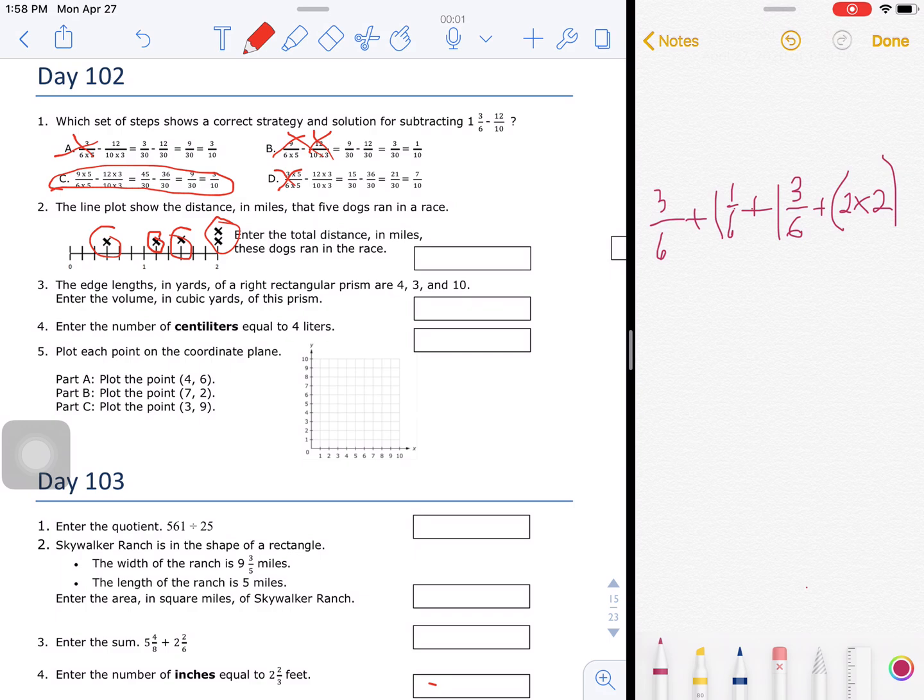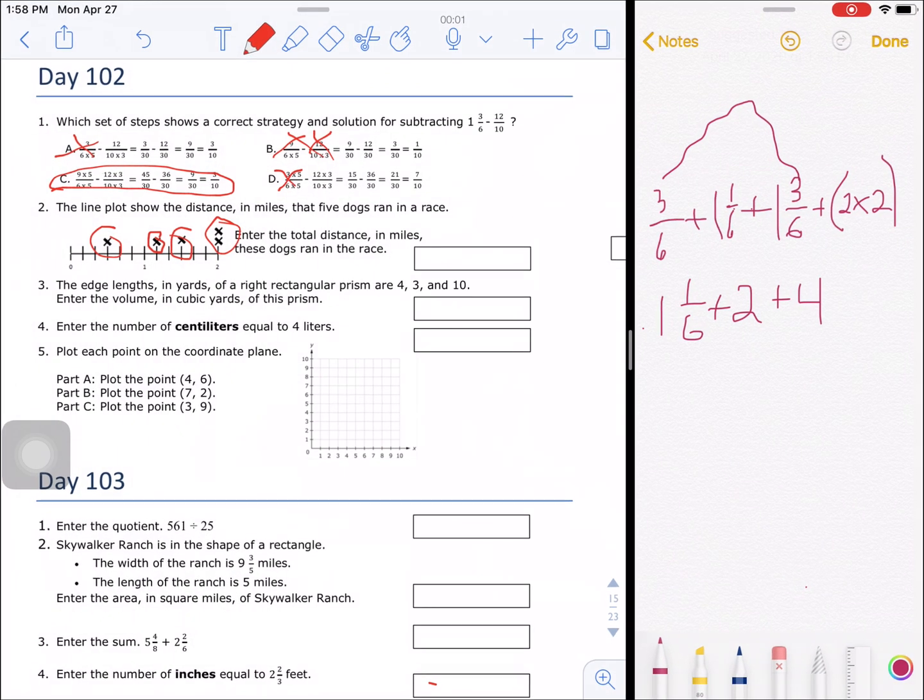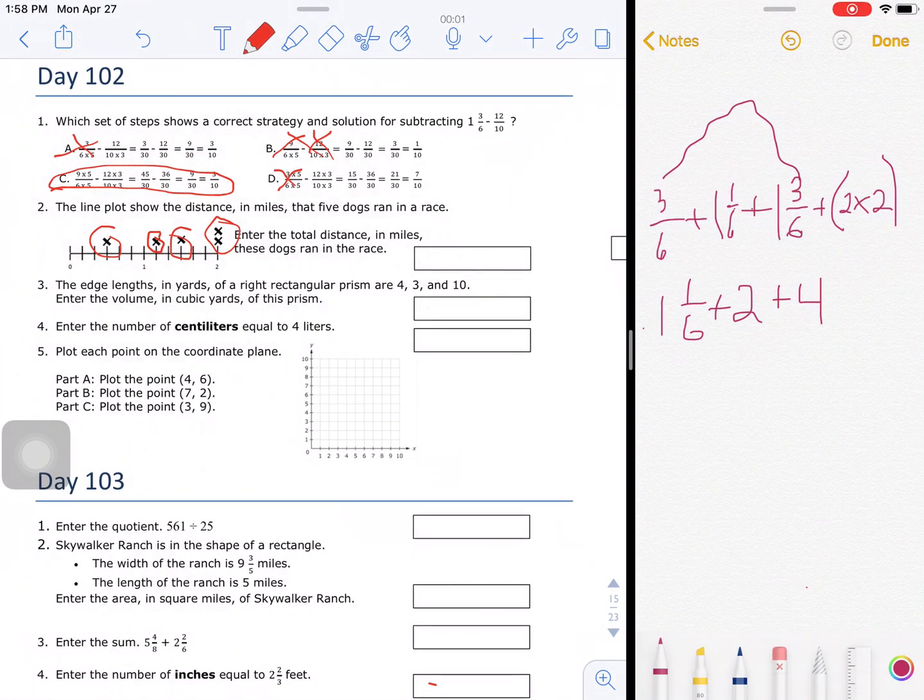Okay, so now we're going to add those all up together. As I simplify this, I would automatically put 3/6 and 3/6 together. So I know that 3/6 plus 1 and 3/6 is 2. So I have 1 and 1/6 plus 2 plus 2 times 2, which is 4. Now again, that's what I see, and we all see things a little bit differently.